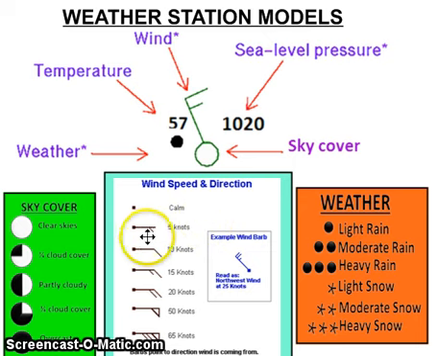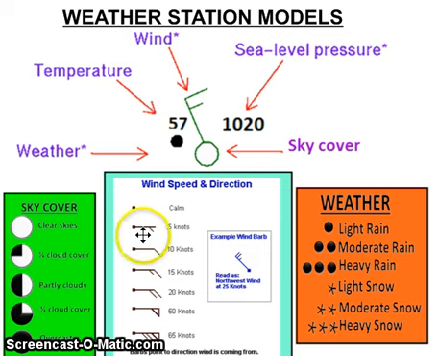5 knots has a little half feather that is inset off the bar. And so that's how you can tell the difference between 5 and 10. 10 has a full feather that's off the very end of the bar. Again, 5 is inset and it's half the size of a regular feather.